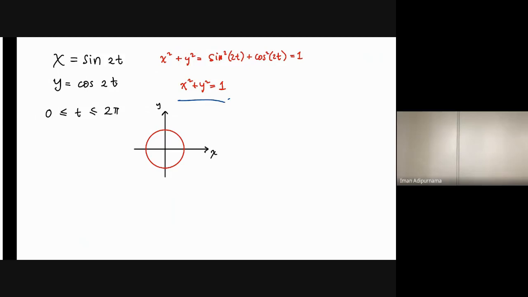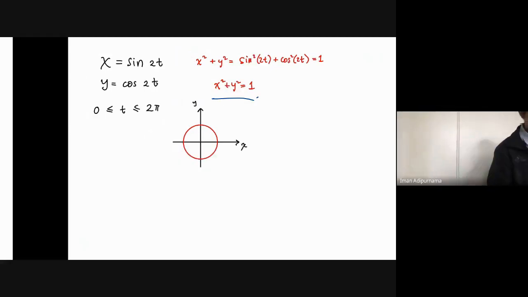If you have parametric x equals some equation of t, y equals some equation of t, you can substitute them, manipulate them, and try to find what the relation is. So this is another example.